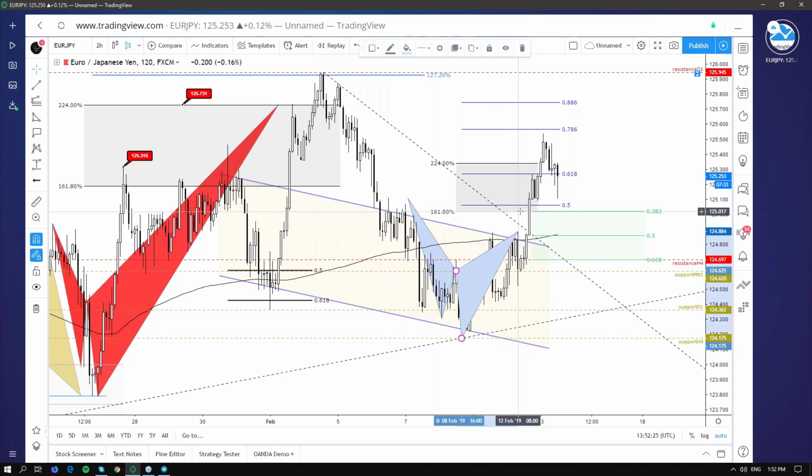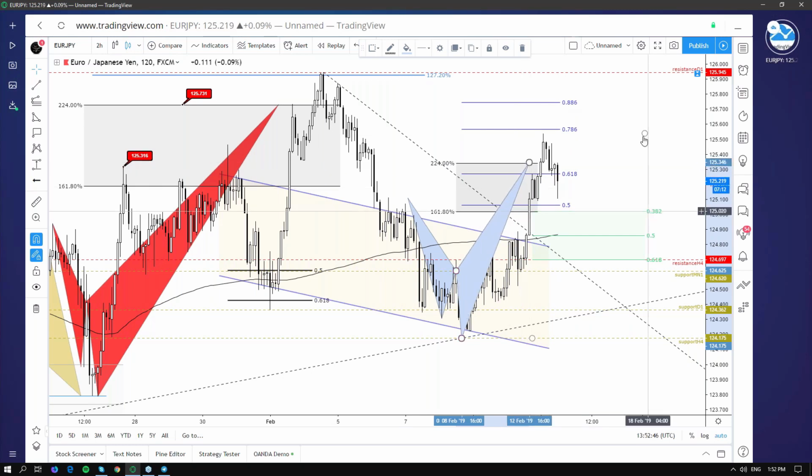One of them at 1618 extension, completely ignored. The market has violated these previous structure highs, the previous structure resistance, printed new highs, and then it has violated the 224 extension, but at least it's now falling from this level.